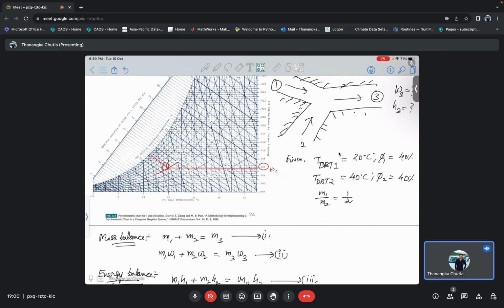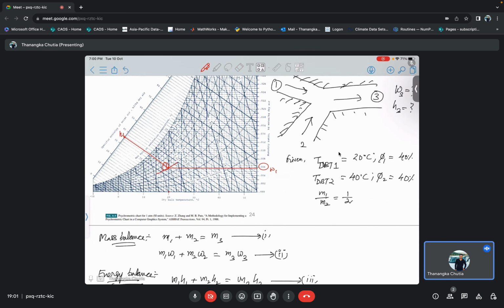So this is your adiabatic line, and there you will get your H value. So this will be your H1 value.